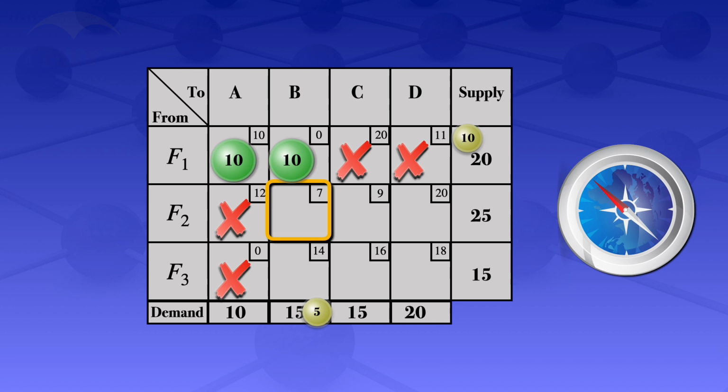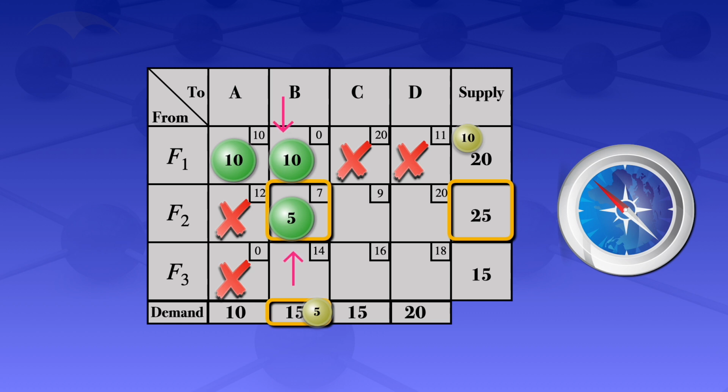To do that, we look at the supply constraint, the 25. The demand constraint, we said we are left with the 5 here. So we look at the minimum of the 25 and the 5. That minimum is the 5. So we can allocate 5 units there. But the moment we allocate the 5 units, the 10 plus the 5 gives us the 15.